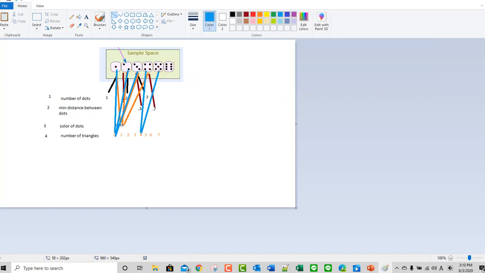So what we're going to do is we're going to call each one of these, this one, number of dots, one random variable. Minimum distance between the dots is another random variable. The color of the dots is another random variable. The number of triangles is another random variable. So what do we mean by random variable?